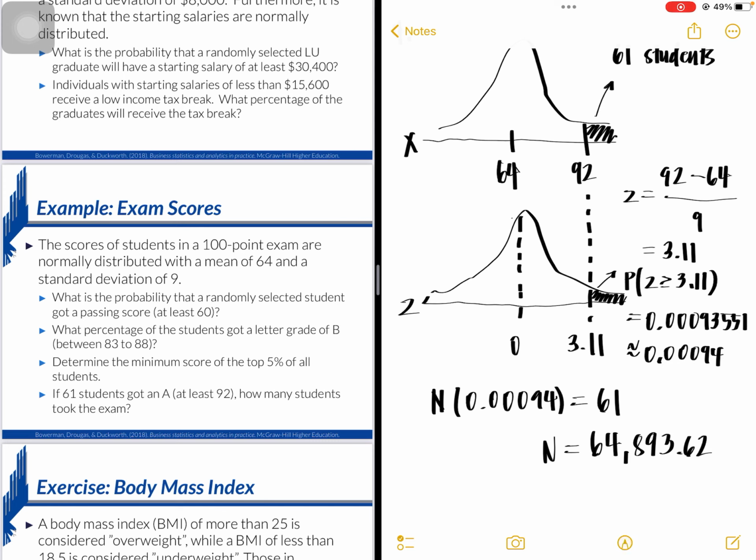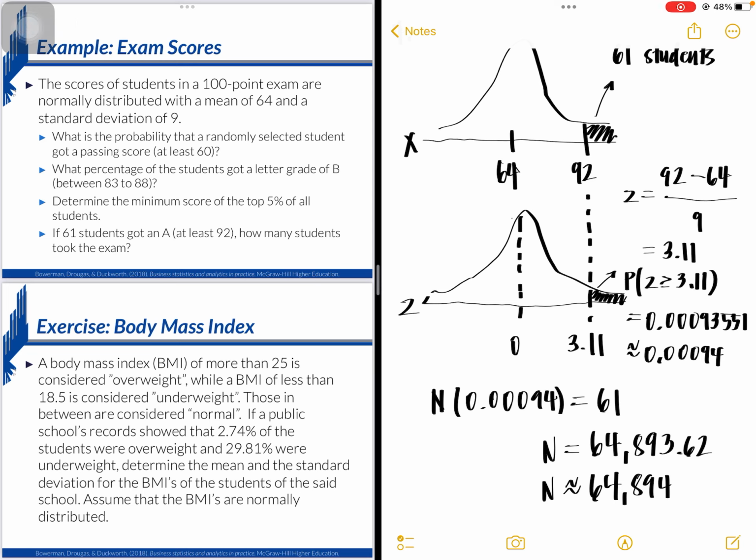But again, this is n, the total number of students, so it has to be an integer. We will round this off to 64,894. So there were a total of 64,894 students.